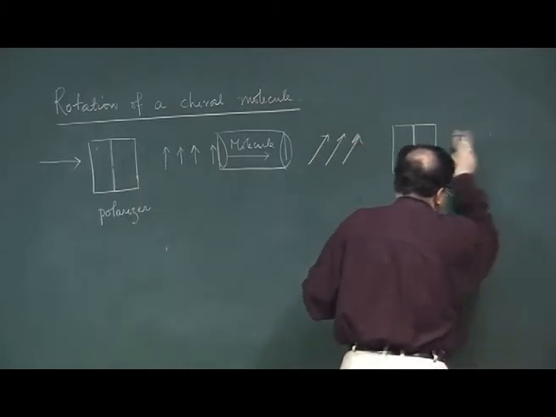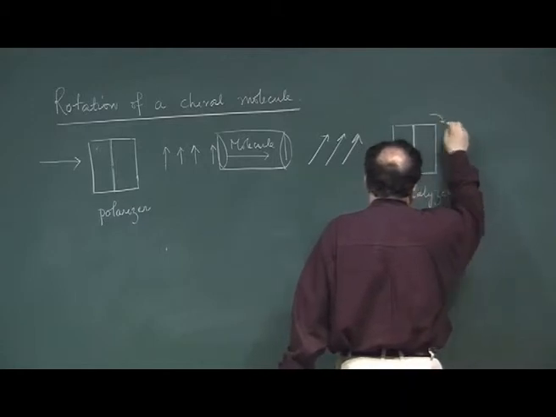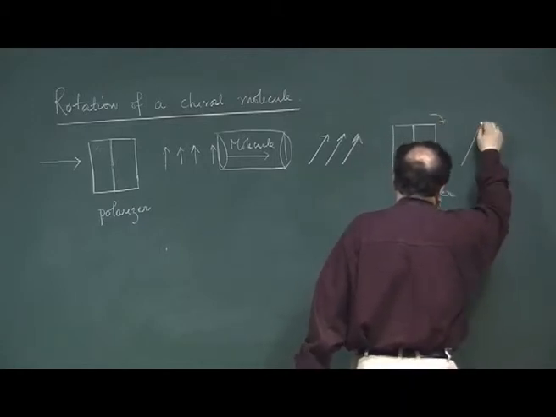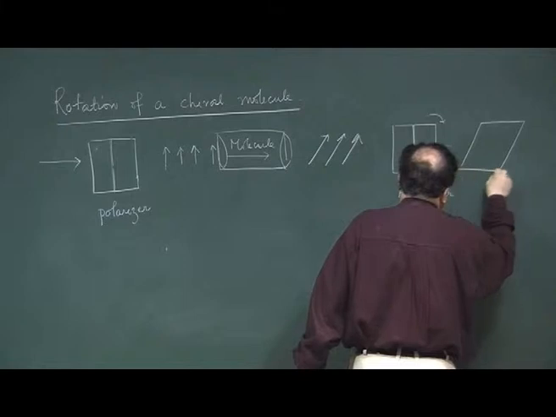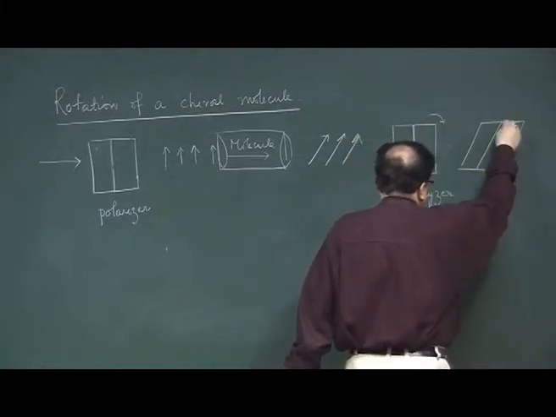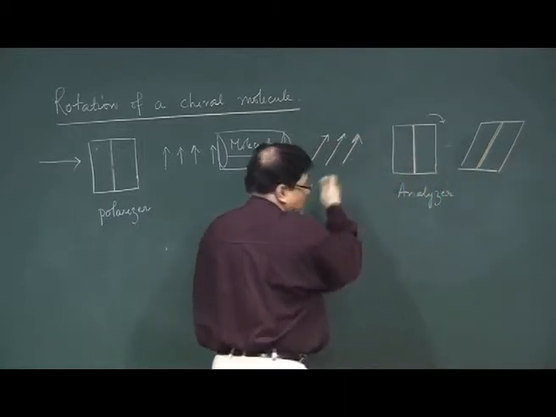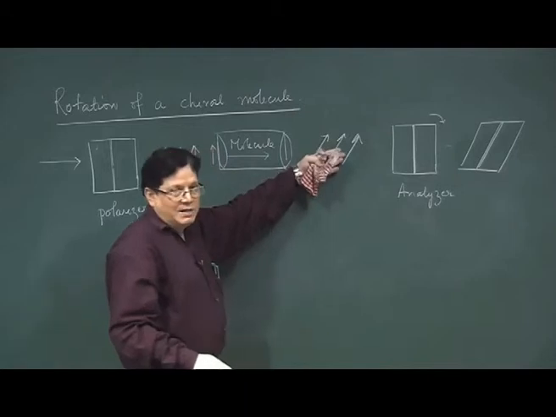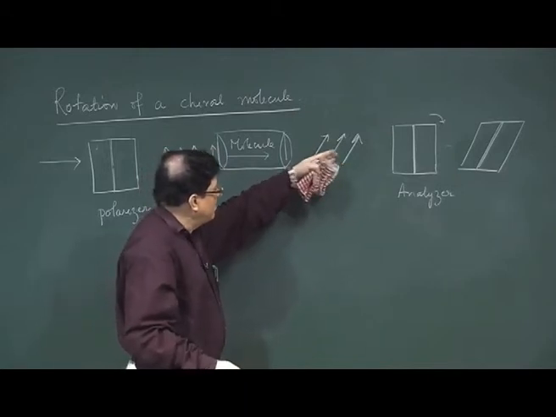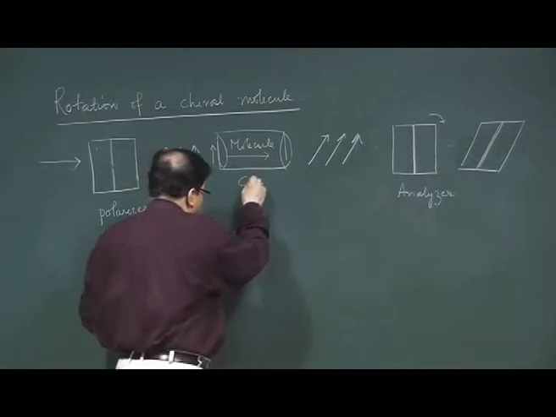To get the maximum intensity, what do you have to do? You have to rotate it in this direction, so that this slit or the principal section becomes coaxial with the rotated light, which has been rotated by the molecule that was in the cell. Okay.